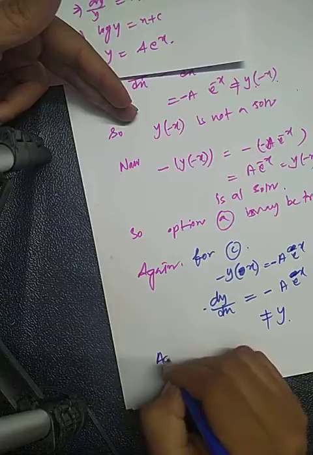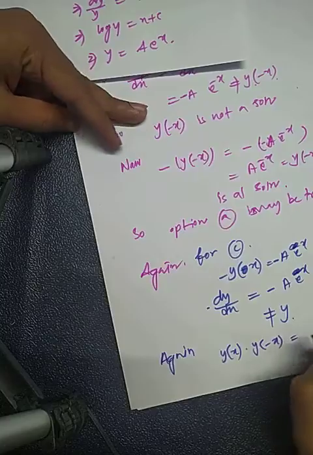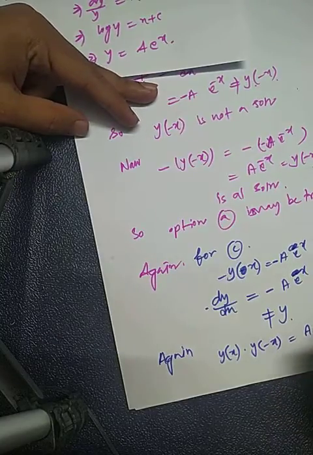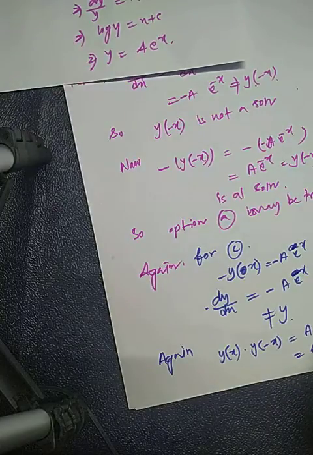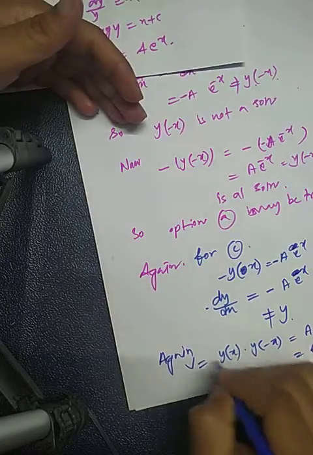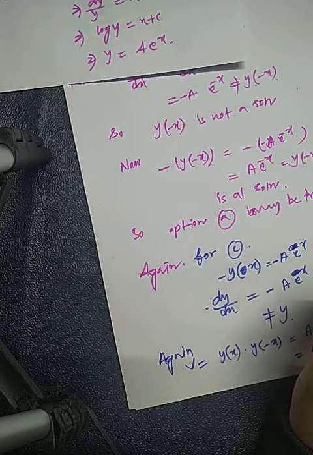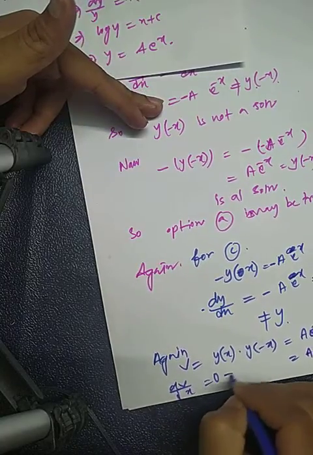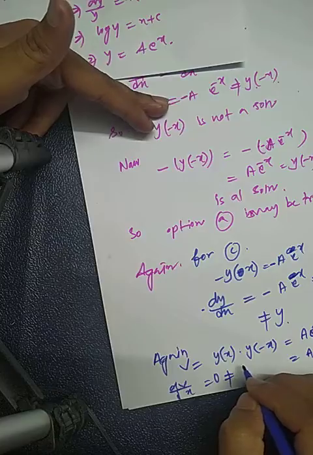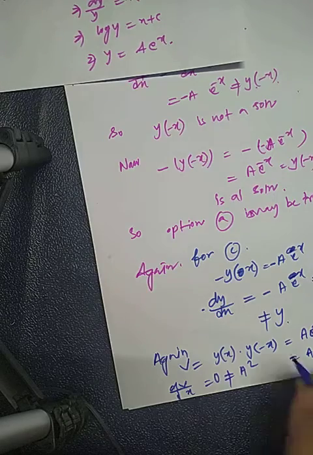Again, y of x into y of minus x is equal to a e to the power x into a e to the power minus x, so it is equal to a squared. Say p is equal to a squared. It is not a solution, because the derivative of p is 0, which is not equal to a squared. A squared may be a constant but this cannot satisfy the equation.